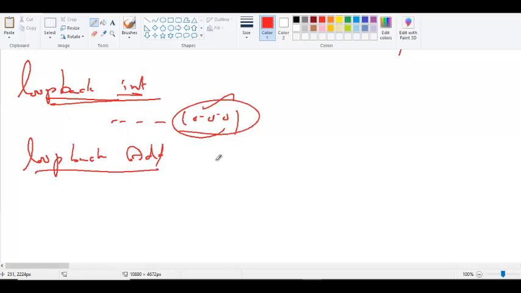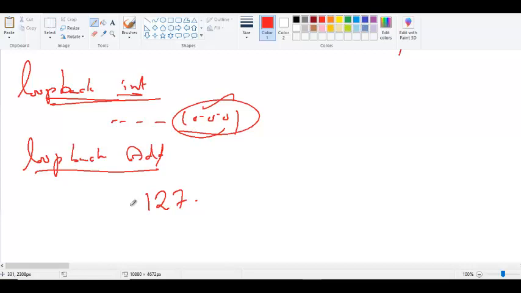Loopback address is used for self-diagnostic tests. Your routers, your PCs, or any network device, to check whether the device is ready for communication over the internet, we use this address.